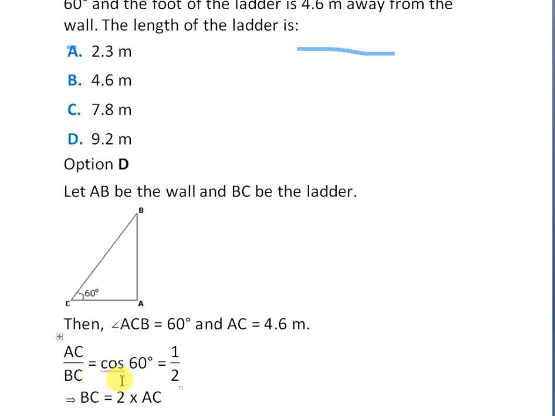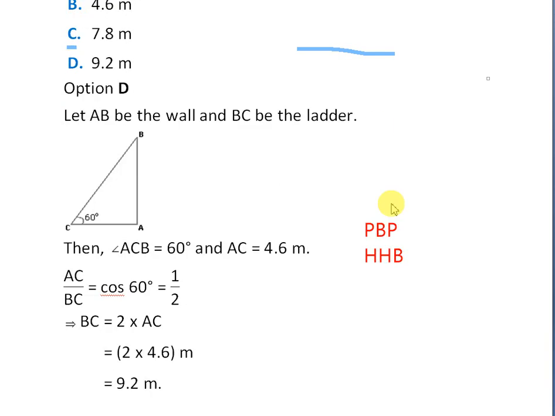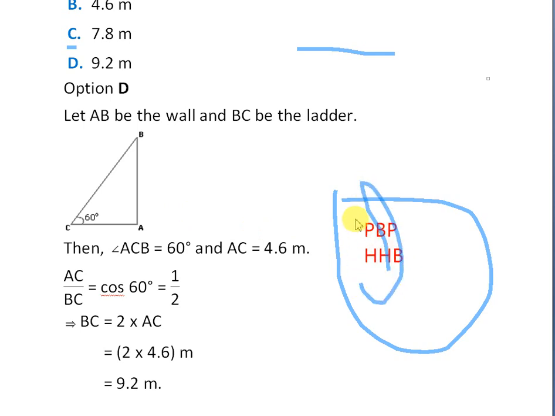How? Because AC is the base and BC is the hypotenuse. What is base upon hypotenuse? It is cos. So it equals cos 60, and cos 60 is 1 by 2. So BC equals 2 into AC. Now we know the value of AC, so we put 4.6 here and our final answer is 9.2 meters.